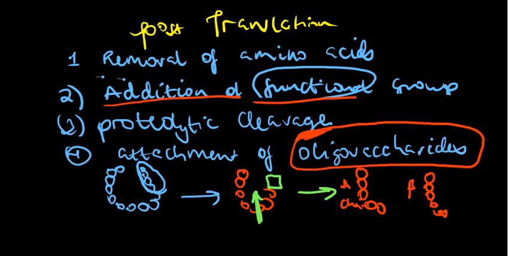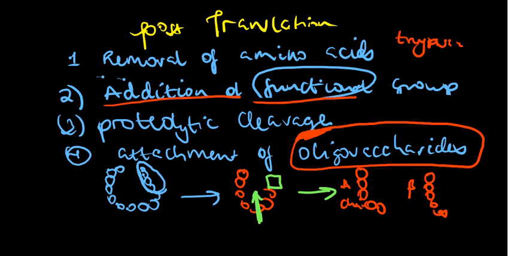Another example of a polypeptide that can undergo post-translational modification is trypsin. It can undergo such a thing. It is synthesized as an inactive substance called trypsinogen.